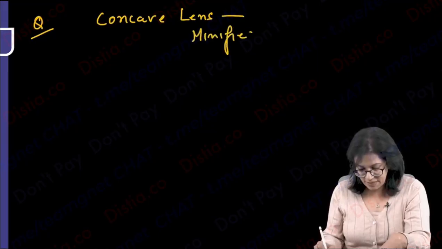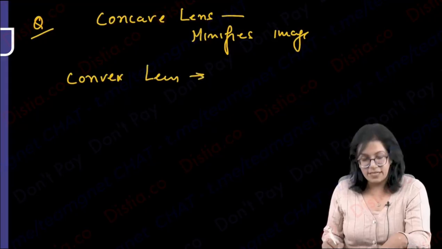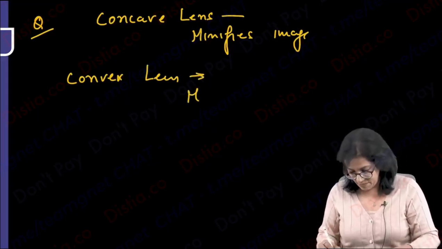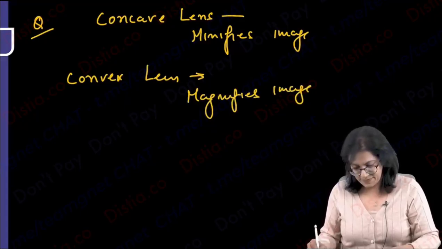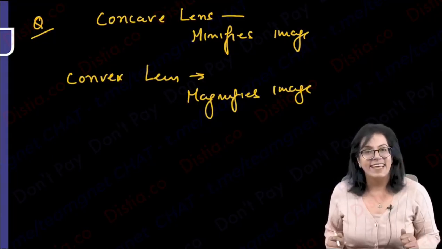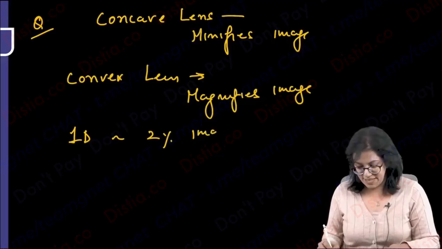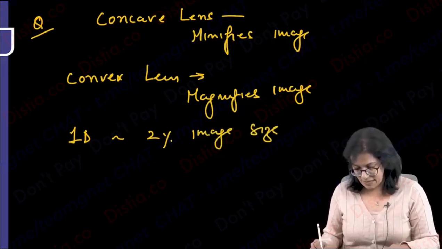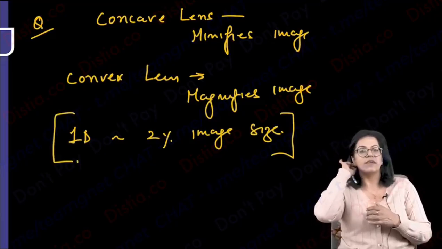Whereas when you're wearing convex lenses, it is magnifying the image. Right? And here comes a question. One diopter is responsible for 2% of change in the image size. Keep this in mind. Either it is minification or magnification, this is important.